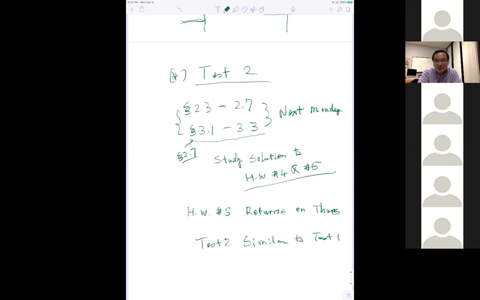Any other questions? Yes. So we have class in the first half, and then you'll release the test as a file? I would put it as a file on the Canvas side, and I think you should be able to download it or look at it from your cell phone, and you can do the problems on a piece of paper.